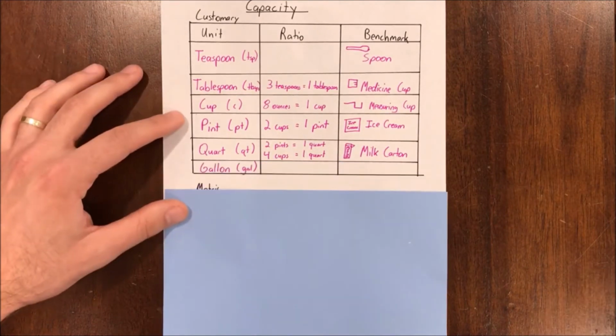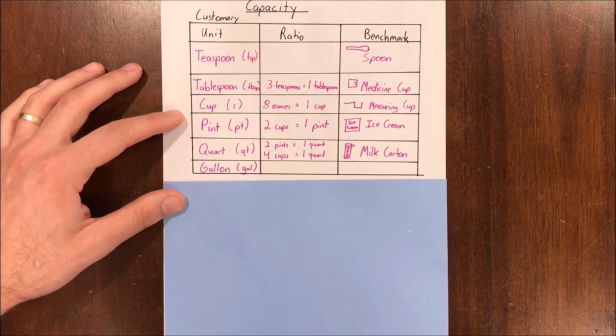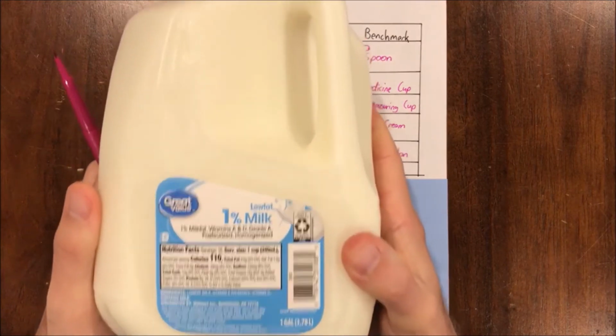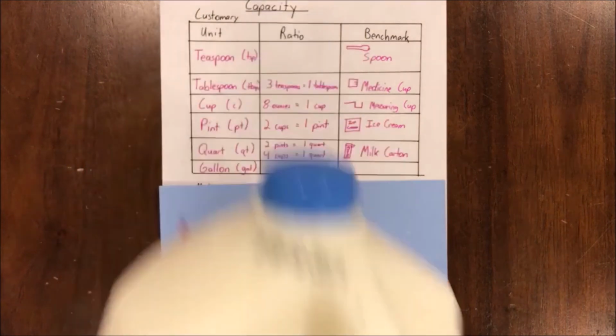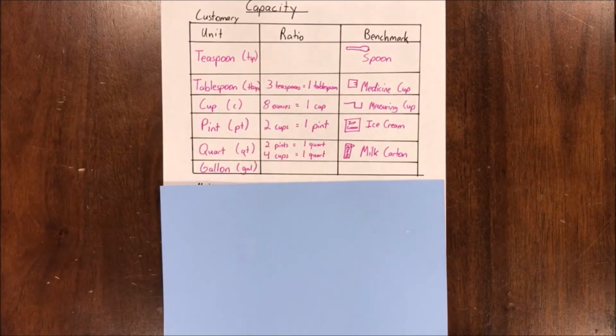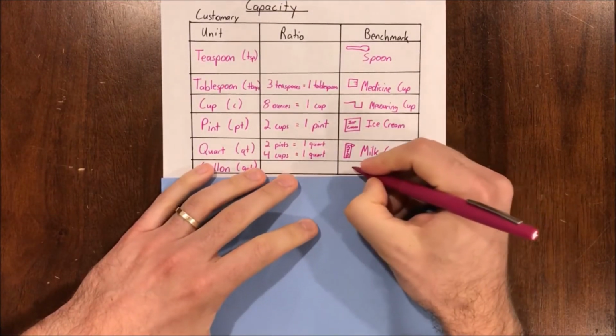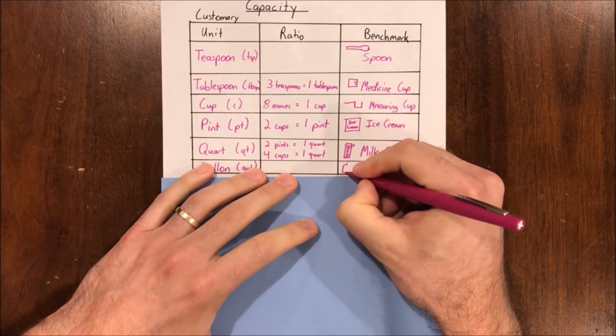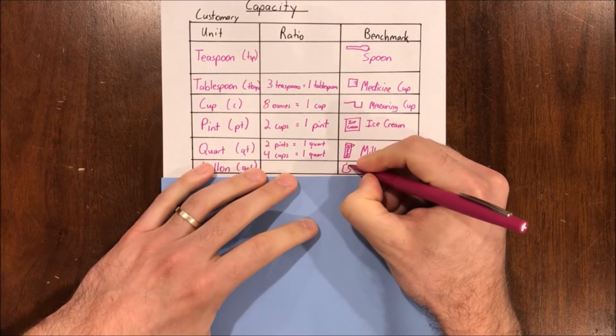So then we've got our largest customary unit, and that is a gallon. And this one you probably know, right? Because when we think of a gallon, we can think of a big old gallon of milk. All right. So I'm going to add that to our visual anchor. I'm going to do my best to draw a gallon of milk. It's kind of tricky for me. There's our handle.